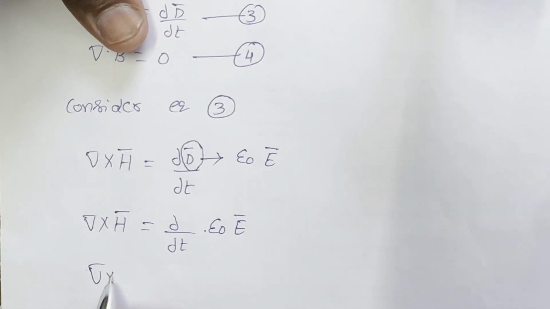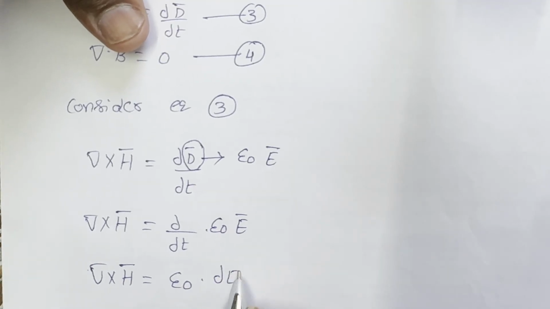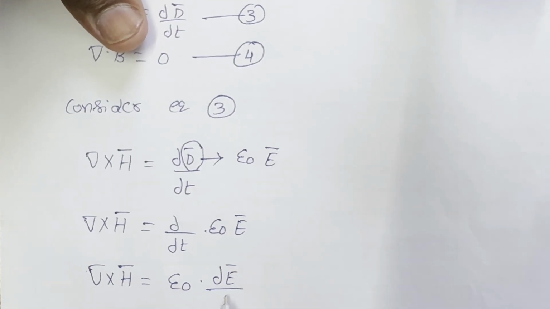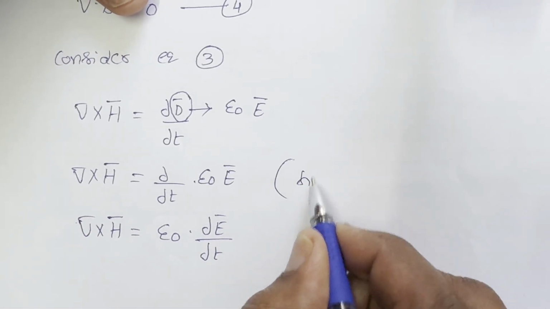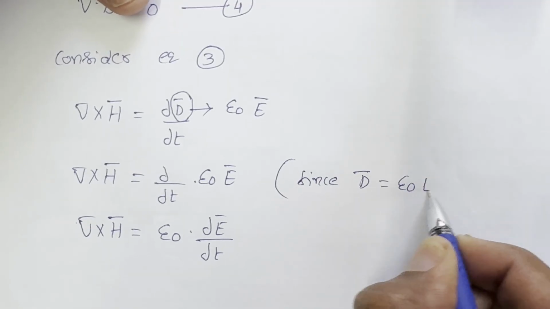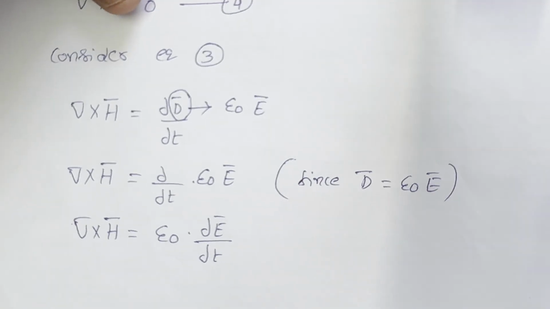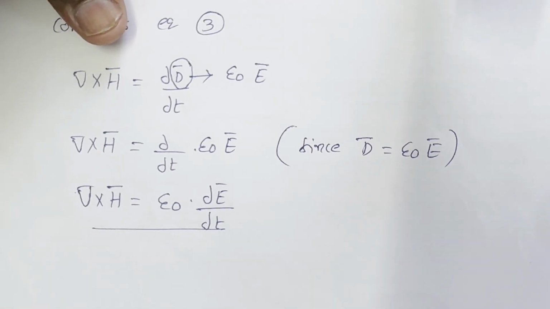That is del cross H bar equal to epsilon naught into dou E bar by dou t, since D bar equal to epsilon naught E bar.